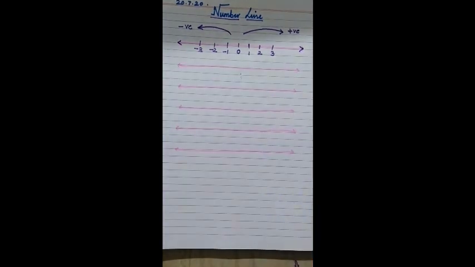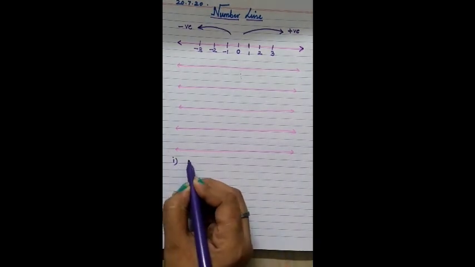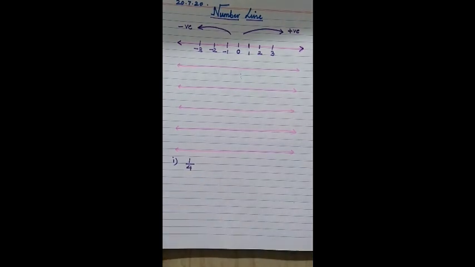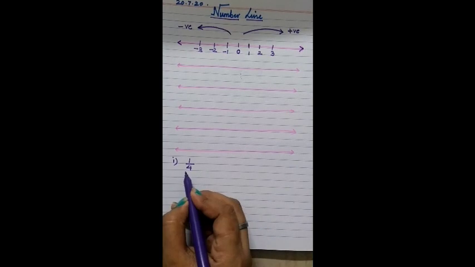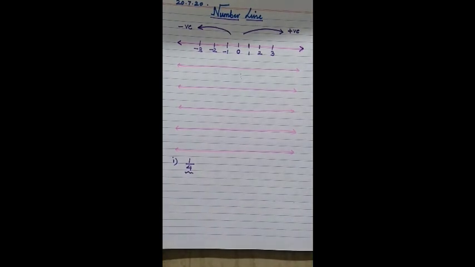So now, in order to represent rational numbers, children, the first we have in question number 1, bit number 1 is 1 by 4. Children, remember, when we have to represent rational numbers, we will check the denominator and we will divide it into that many equal parts.